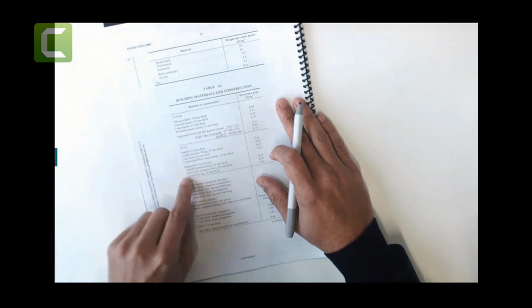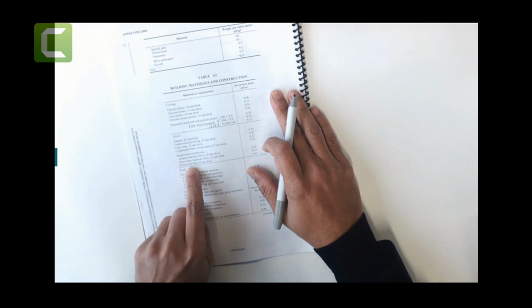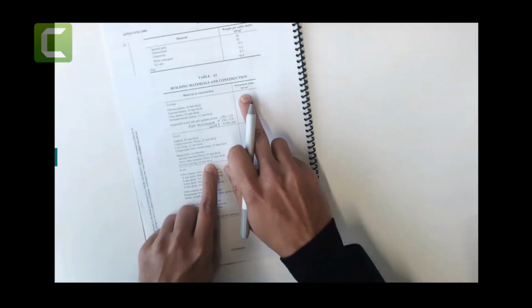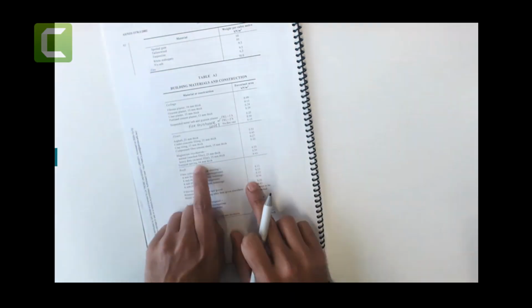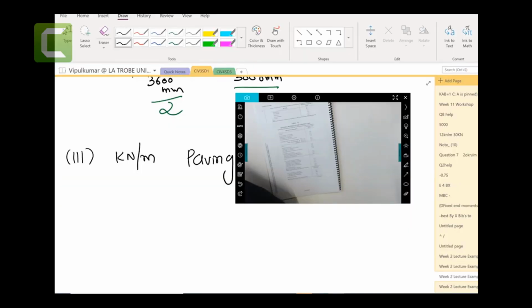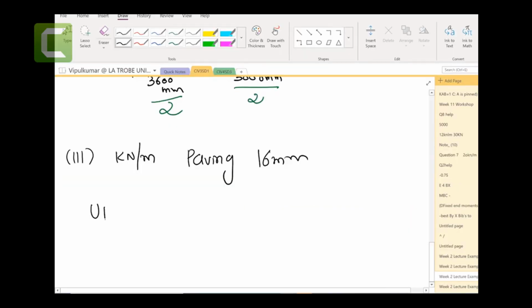Ceiling, floors. So come back here, floor. Terrazzo paving, 16 millimeters. You have 0.43 kilonewton per meter square, and it's lucky 16 millimeters. Otherwise, we need to convert it. But I think it's already given in 16 millimeters. So 0.43, we take it as a pressure. So UDL load, kilonewton per meter.